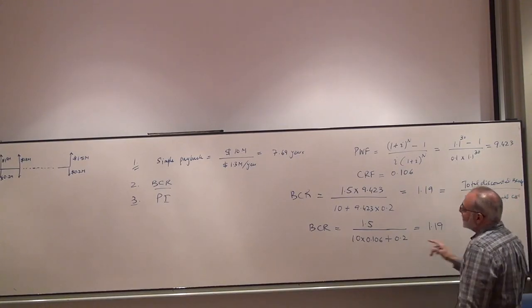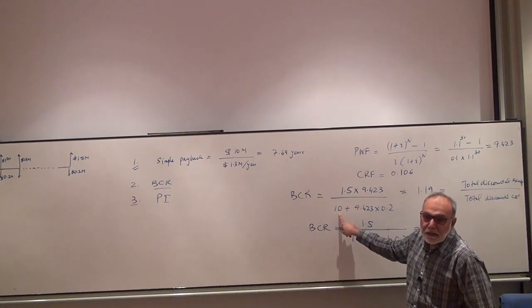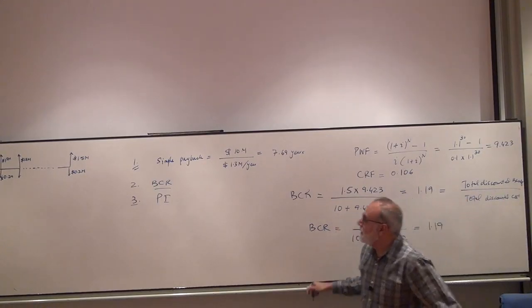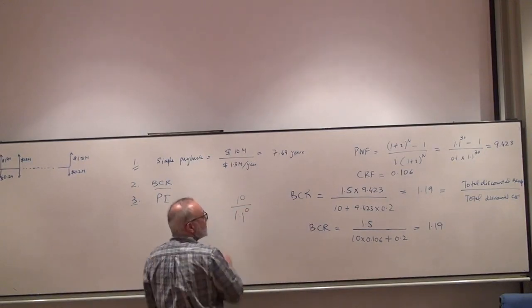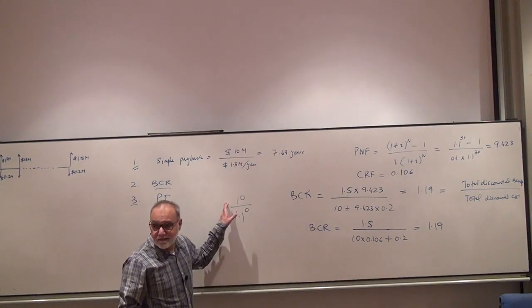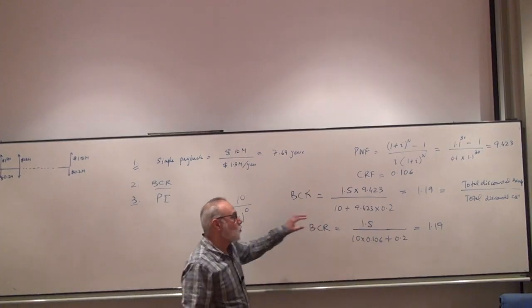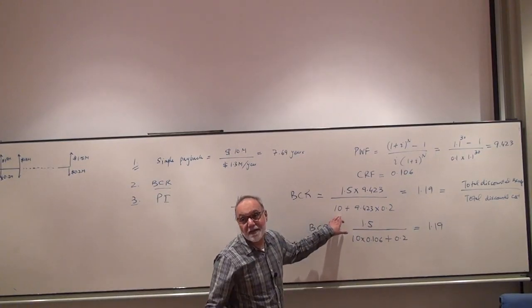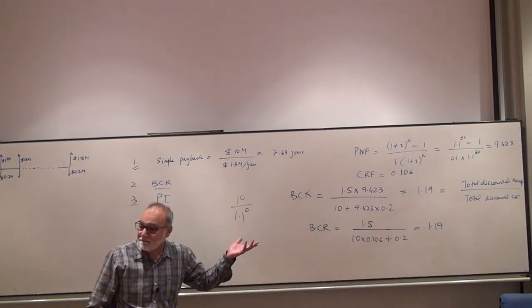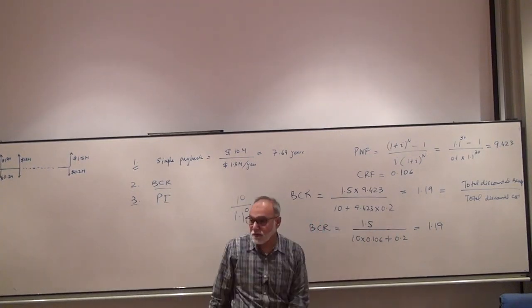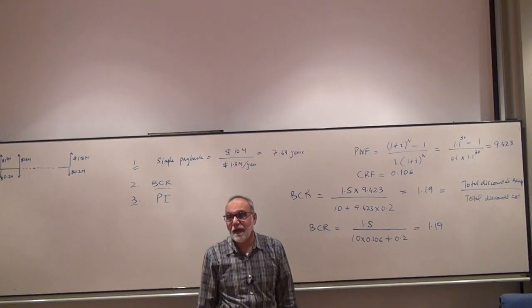And remember that the initial cost, 10 divided by 1.1 raised to power 0, will stay as 10. So this is also discounted, but it is at time 0, so it stays the same, 10. The rest is of course clear.